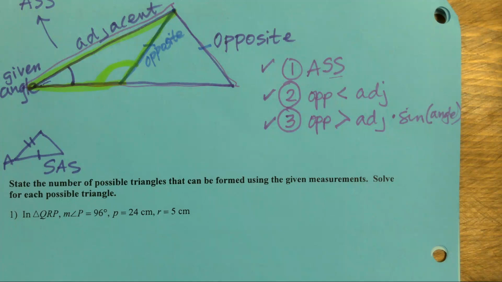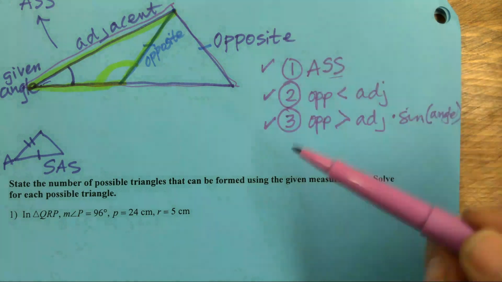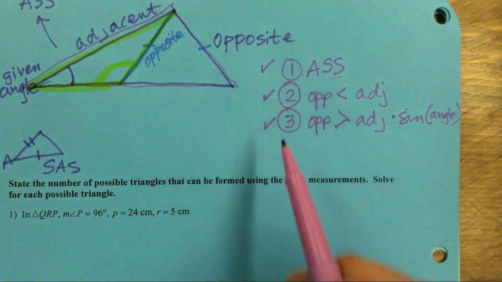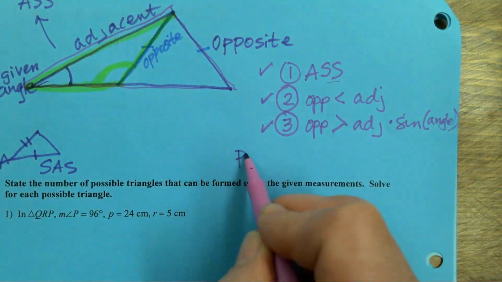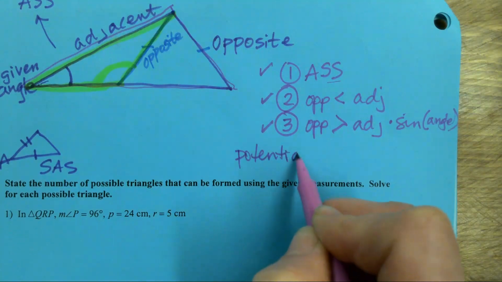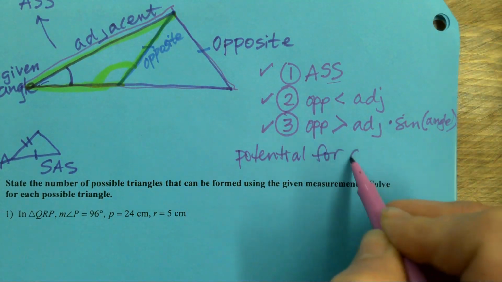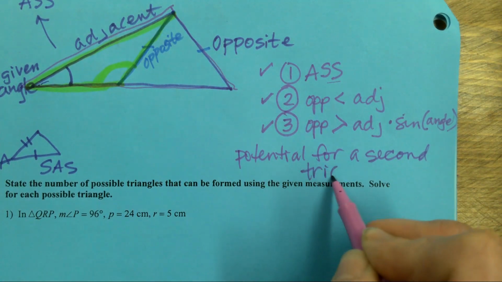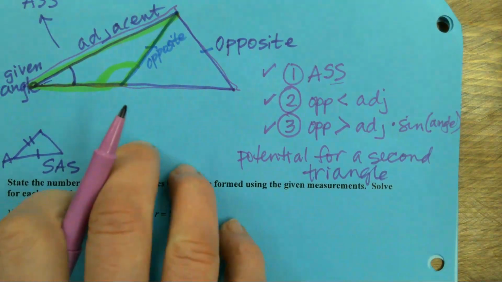And again, I'm very vague on this next statement, to give us the potential for a second triangle. If all of these things aren't true, there is no chance that you'll have a second triangle. If all of these things are true, there is potential for a second triangle. That fits the original description.